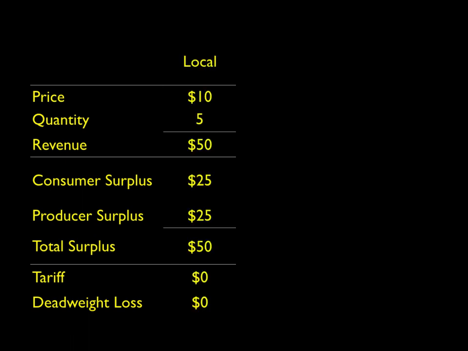If we could summarize the tariff scenarios, the first one would be the local only, what we would have on the price, quantity, and revenue, as well as the 2 surpluses that provide the total surplus and the tariff and deadweight loss. Remember, we don't have any tariff or deadweight loss if it's just the local market, so those are both 0.